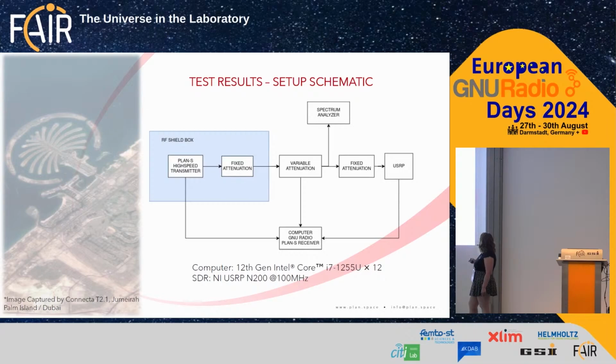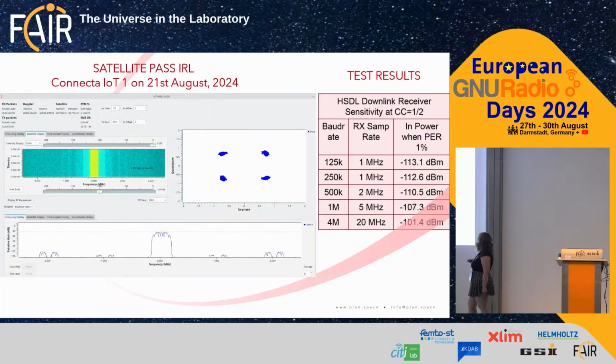I control this variable attenuation to see at which point I get a 1% packet error rate. I also control the USRP using GNU Radio and my computer, and I control the transmitter like that as well. The computer I've used is a pretty standard laptop that we have.